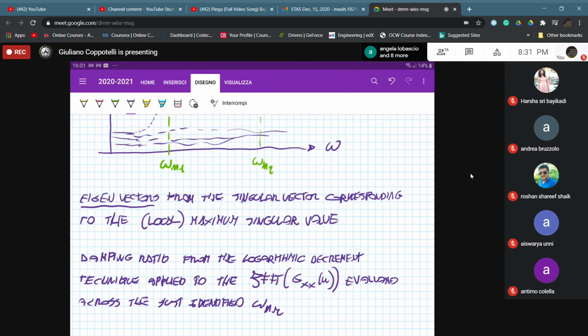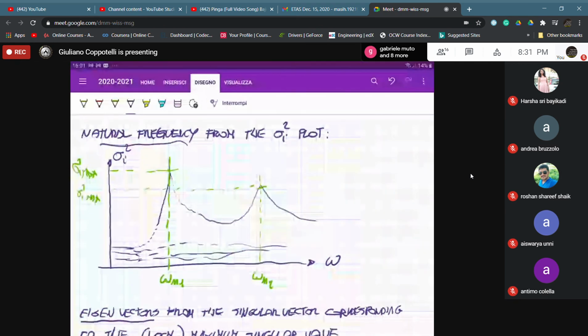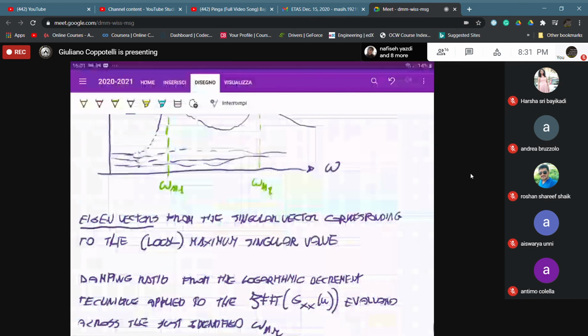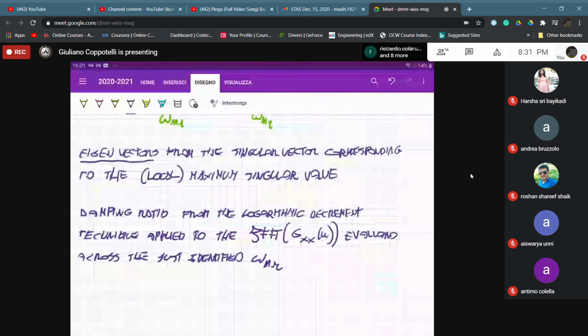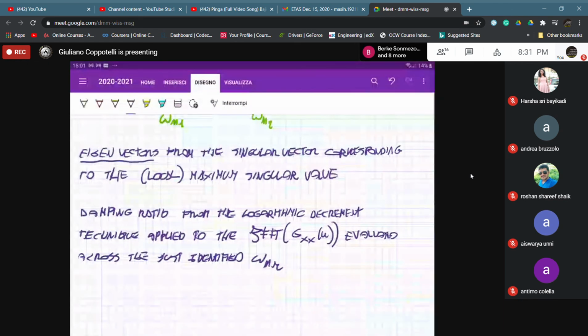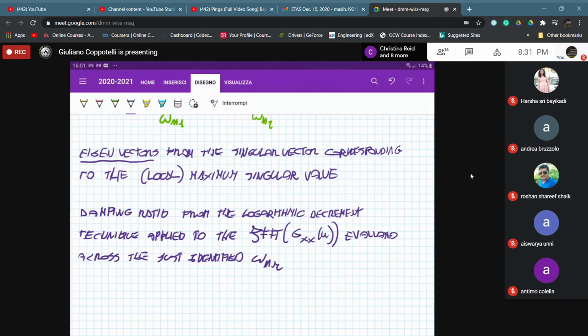And therefore you have all the parameters: natural frequency from the maximum value of the singular value, mode shapes, eigenvectors from the corresponding singular vector, and finally the damping ratio by inverse Fourier transform, so going back in the time domain, in the frequency range just across the just identified natural frequency of your power spectral density. And therefore we have the correlation function that is a single degree of freedom system, and then the logarithmic decrement.